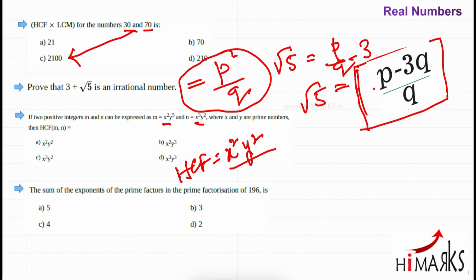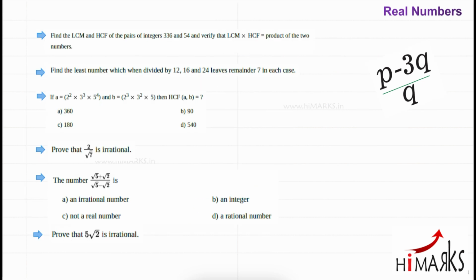Next, sum of the exponents of prime factors in the prime factorization of 196. You break 196, and it will be 2 to the power 2 and 7 to the power 2. It asks for the sum of the exponents; 2 and 2 are the exponents, so the answer will be 4 here.